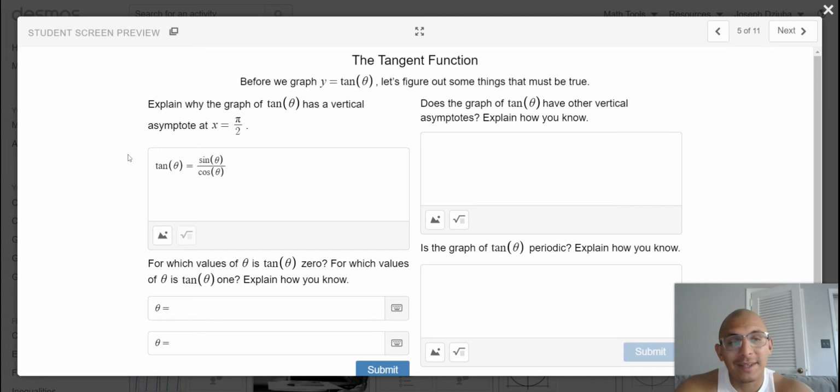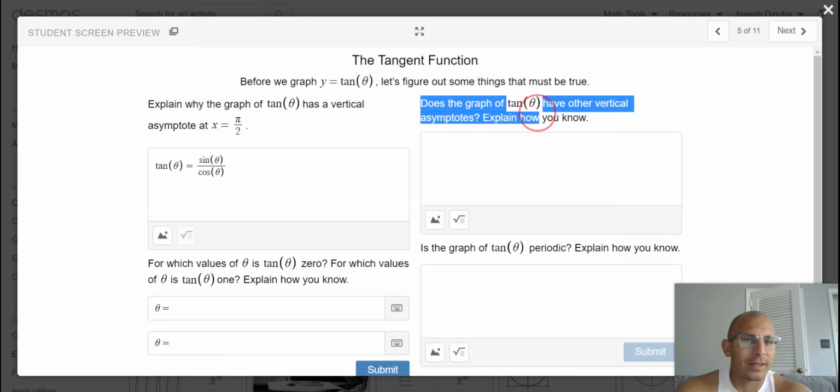So tangent is basically a rational trigonometric function. We spent the entire last unit discussing rational functions and where we look to identify our vertical asymptotes. So I'm going to leave it at that because that should be more than enough information. And if it's not, that's fine. We'll talk about it in class or in small group.